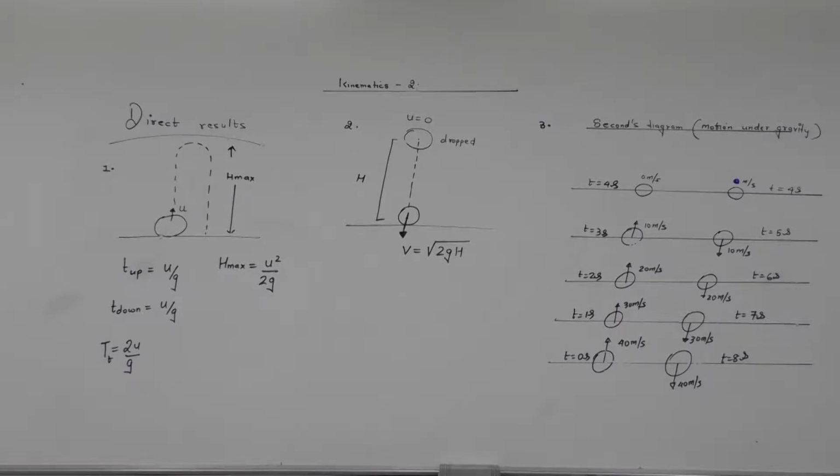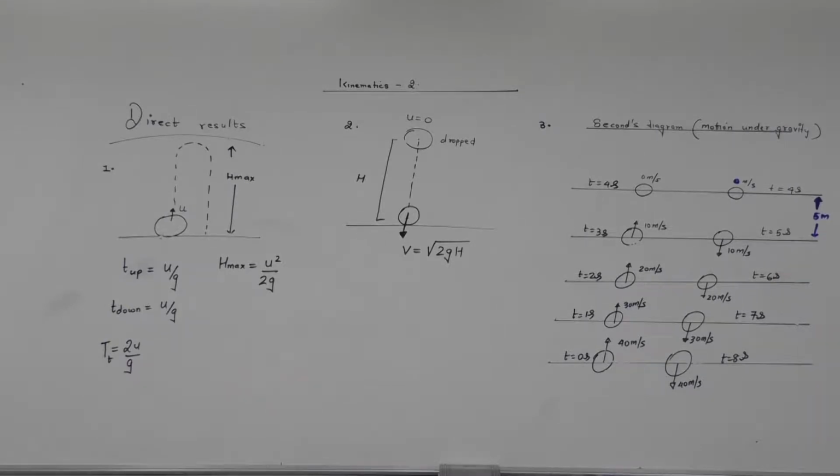While coming down, beta, this is the first second, this is the second second, this is the third second, this is the fourth second. While coming down from rest, in the first second, always it will cover 5 meters. Always.